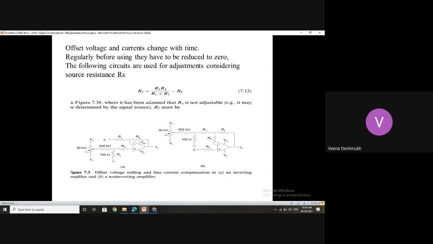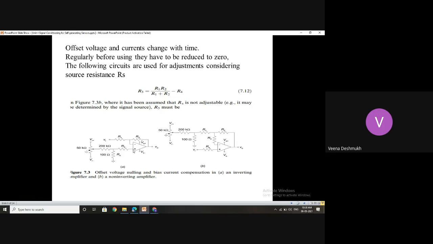To adjust them externally, a few resistor networks are designed. These resistive networks help in nulling, or reducing the difference in the bias currents to zero. We'll see what circuit should be used for the inverting amplifier, and what circuit for the non-inverting amplifier.